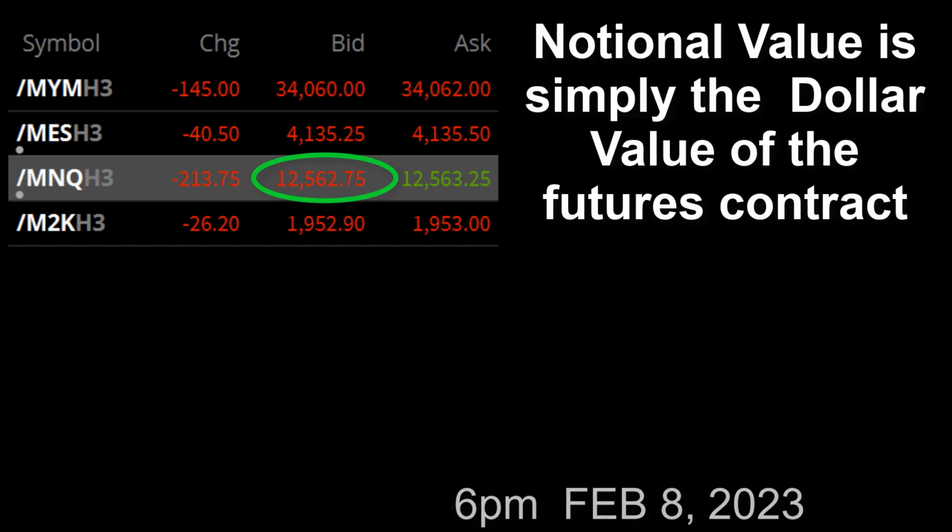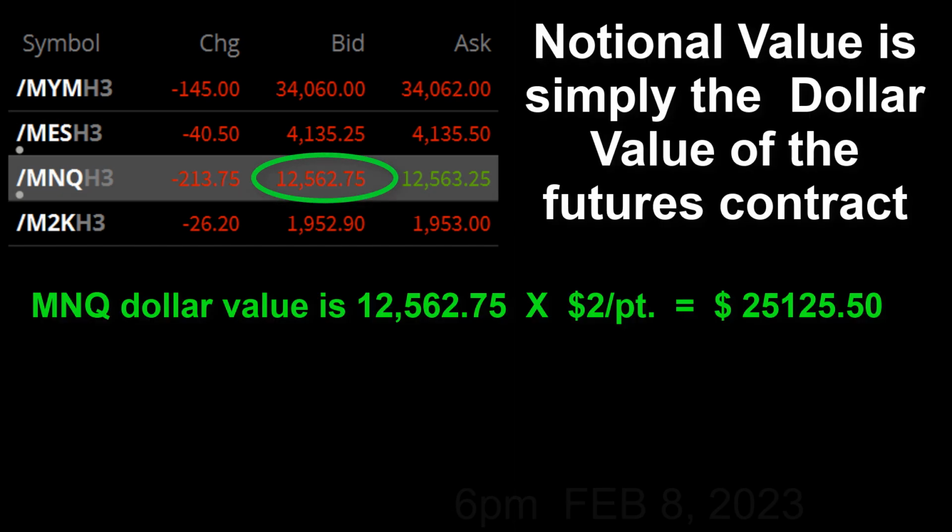To explain how pairs trading works, I need to compute the notional value of each contract. The bid price of $12,562.75 times the point value of $2 gives the MNQ a notional value at this moment of $25,125.50.